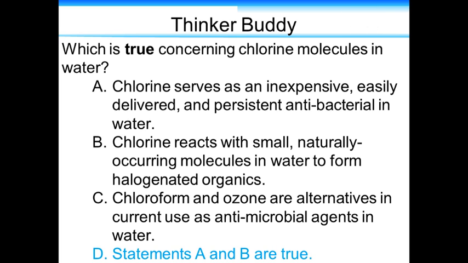D is correct. Chlorine is an inexpensive and extremely effective way of preventing microbes from contaminating tap water. It also, however, can produce small amounts of these halogenated organics, which are cancer causing. But again, the levels of those compounds are very, very small. If you are concerned, you may want to consider getting a carbon filter and filtering any tap water that you drink.